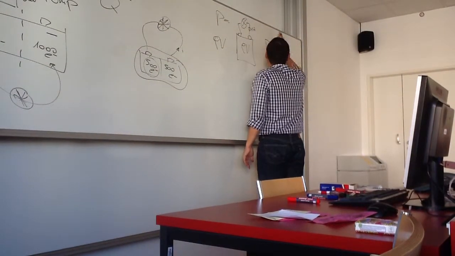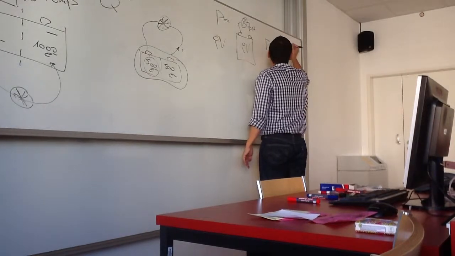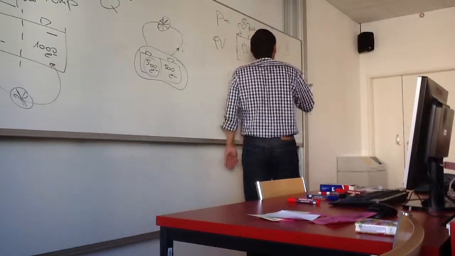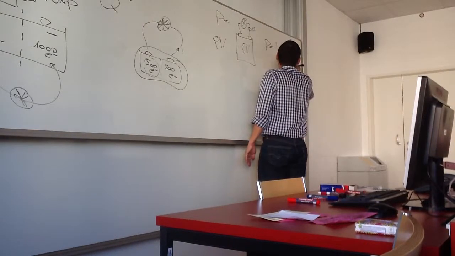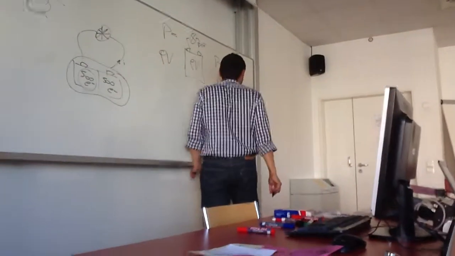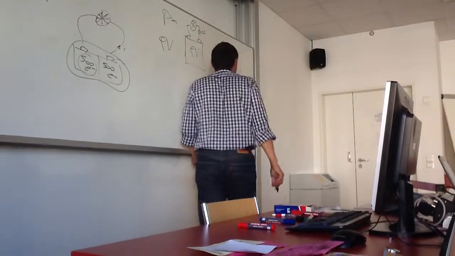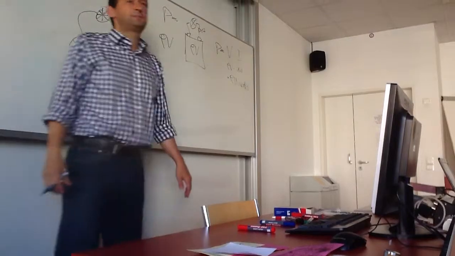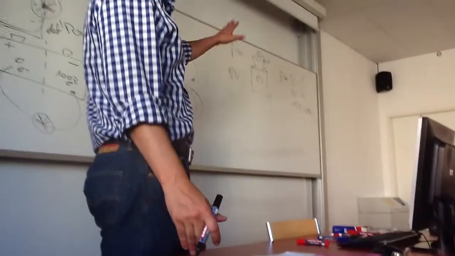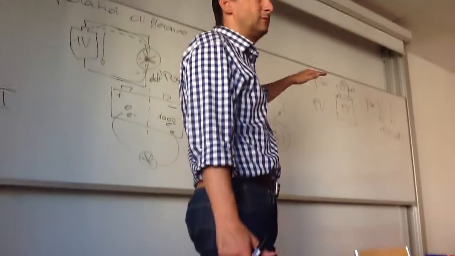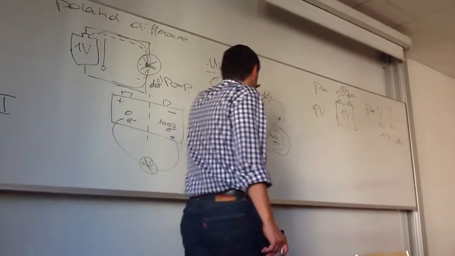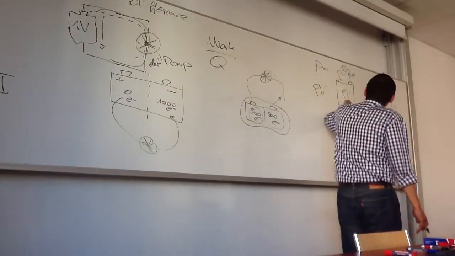It's voltage times current. So it's 9 volts times 1 amp gives you 9 watts. So then this battery gives you a maximum power, at the current of 1 amp, of 9 watts.